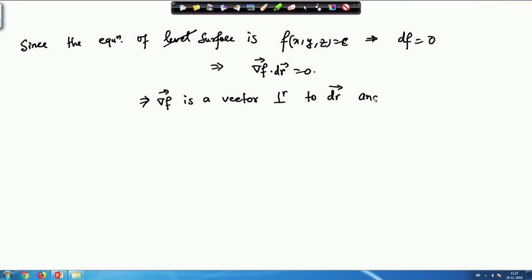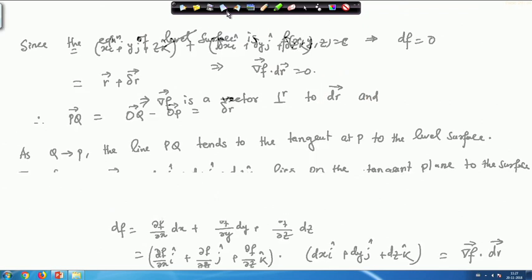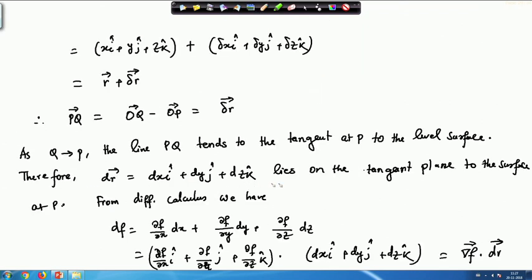And if it is perpendicular to dr, then, as we concluded, dr is lying on the tangent plane.